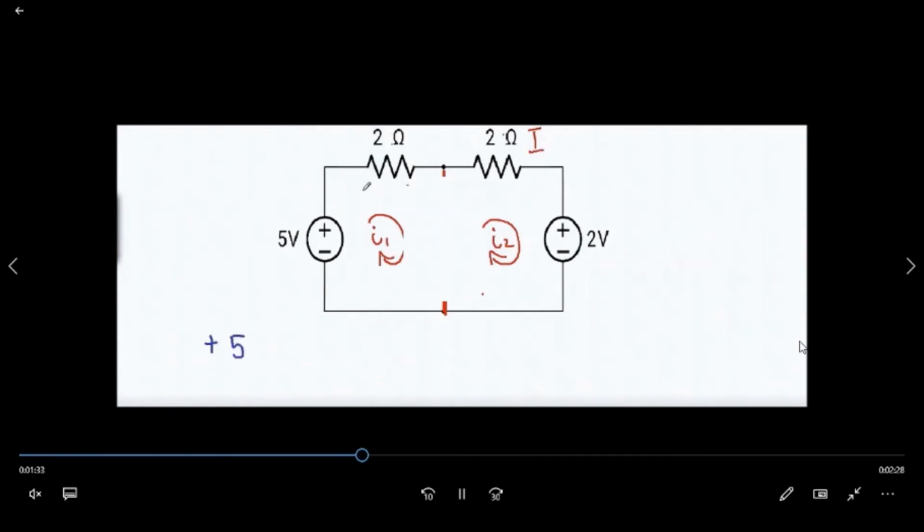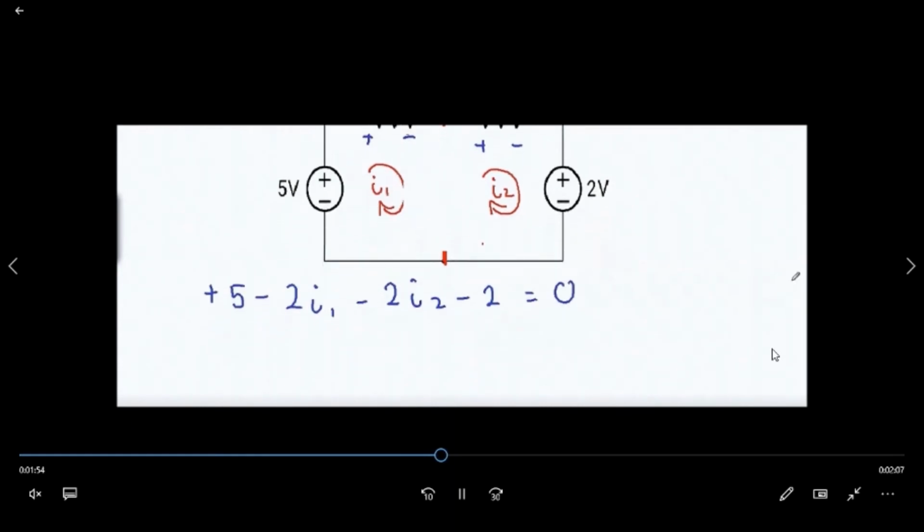You can write as usual, as you solve a mesh analysis problem, you write like this in the equation. This is I2. Then you have a 2 volt.